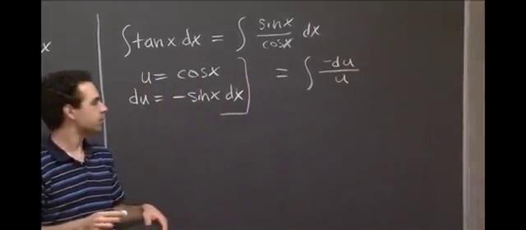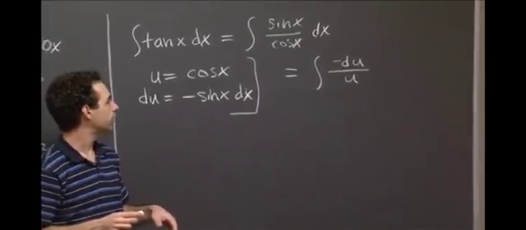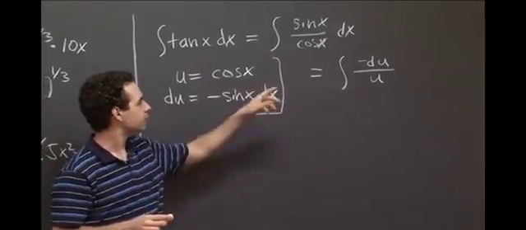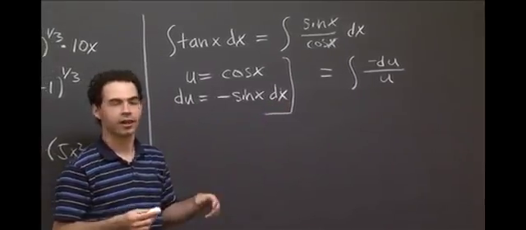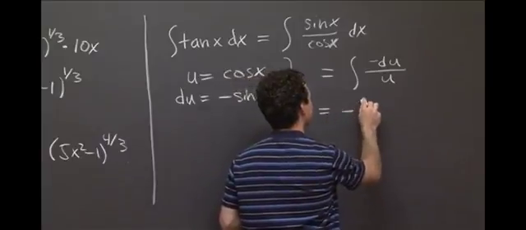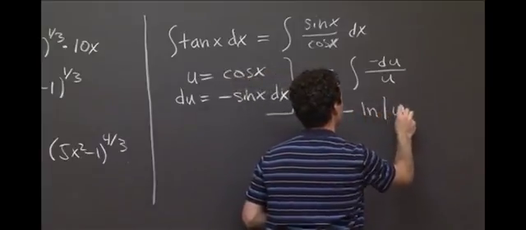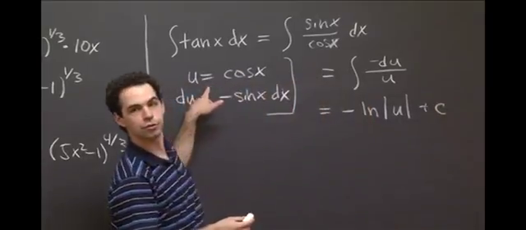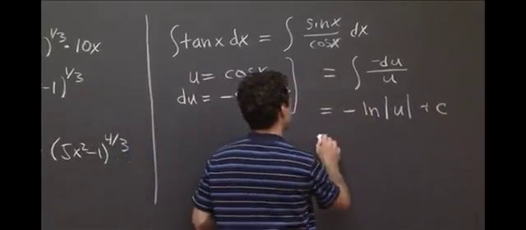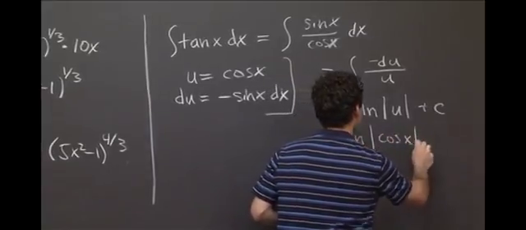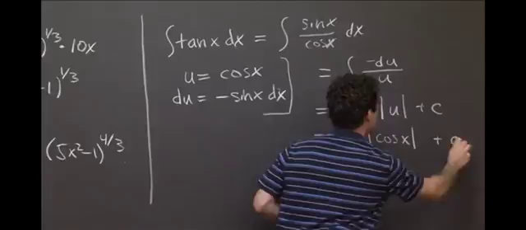That's a nice simple antiderivative to have. We've seen this before. This is just a logarithm. So the minus sign comes out front. So this is minus ln of the absolute value of u plus a constant. And now we had that u was cosine of x. So this is minus ln of the absolute value of cosine of x plus a constant.